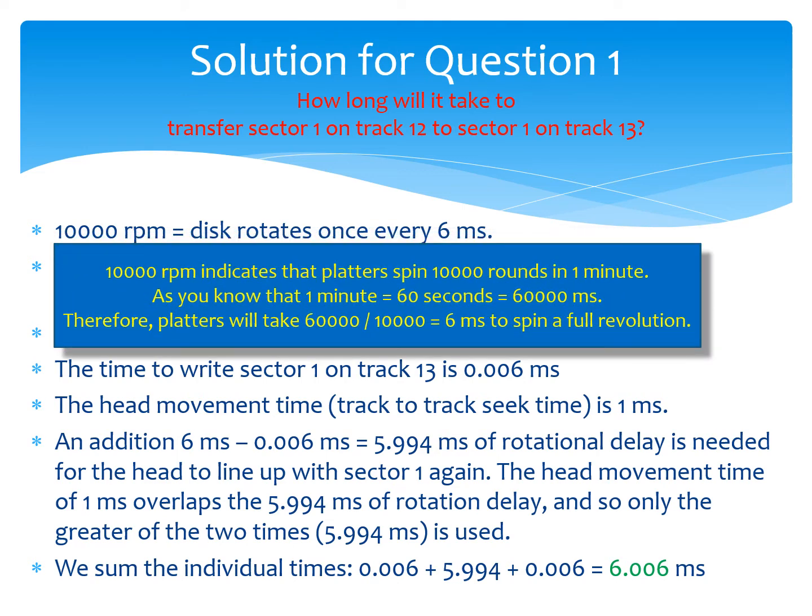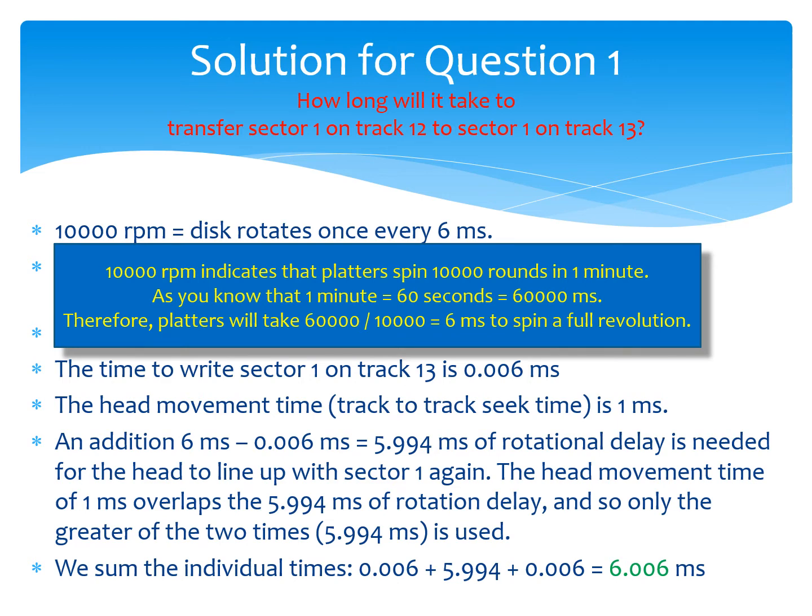First, the hard disk is rotated at 10,000 RPM, which indicates that platters spin 10,000 rounds in 1 minute. As you know, 1 minute equals 60 seconds, which equals 60,000 milliseconds.